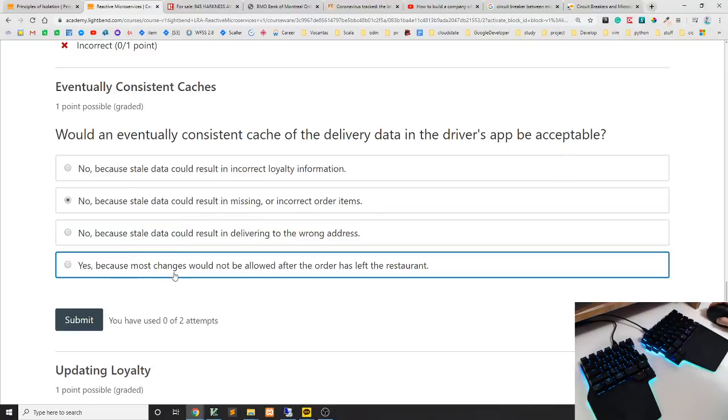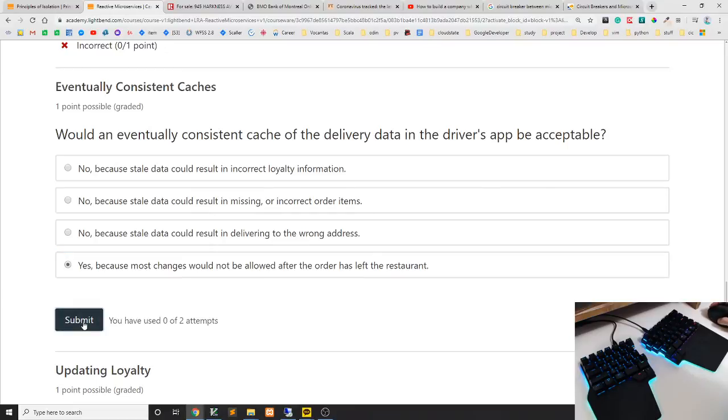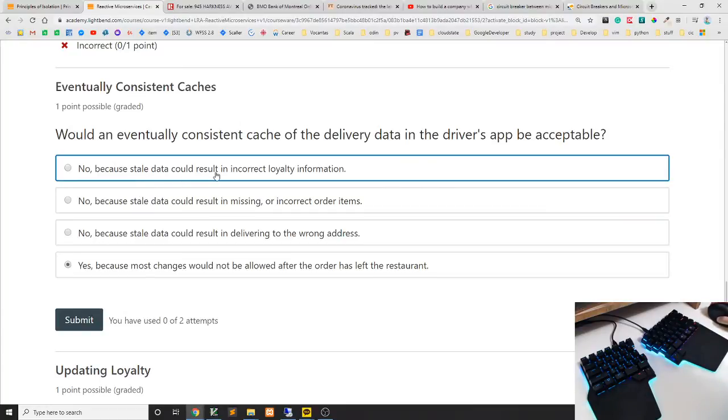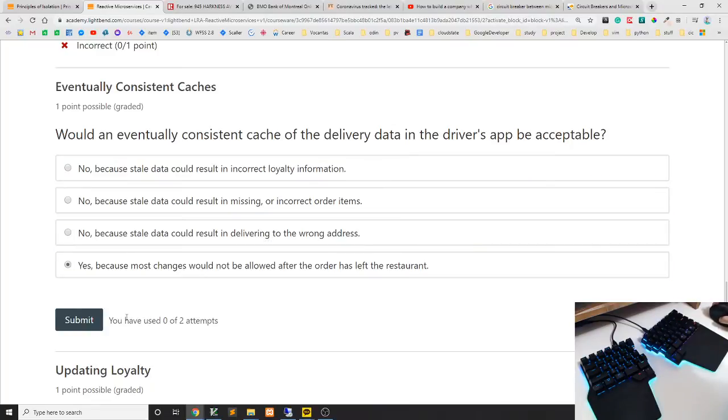Yes, because most changes would not be allowed after the order has left the restaurant.